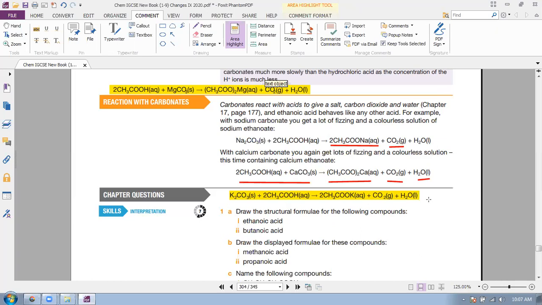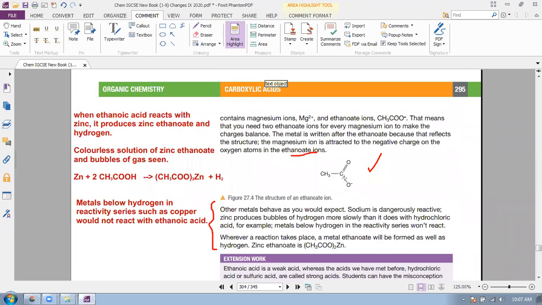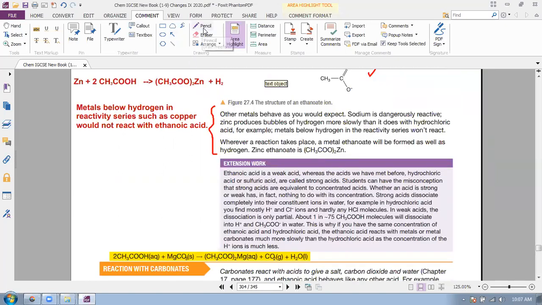Now the thing is, what would be the structure of potassium ethanoate? How would it look? This is the ethanoate structure. Just add the potassium ion here with oxygen, and it would be potassium ethanoate. Let us draw.